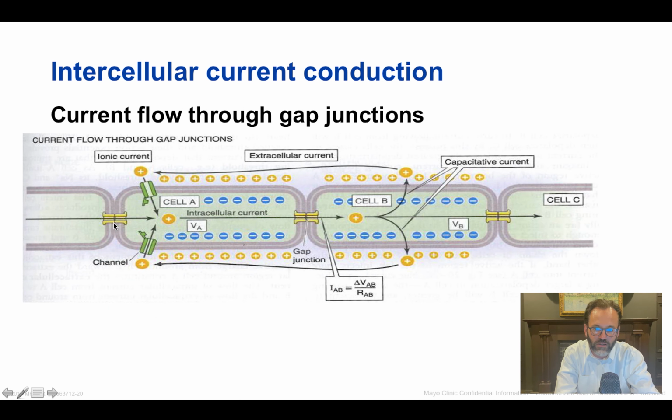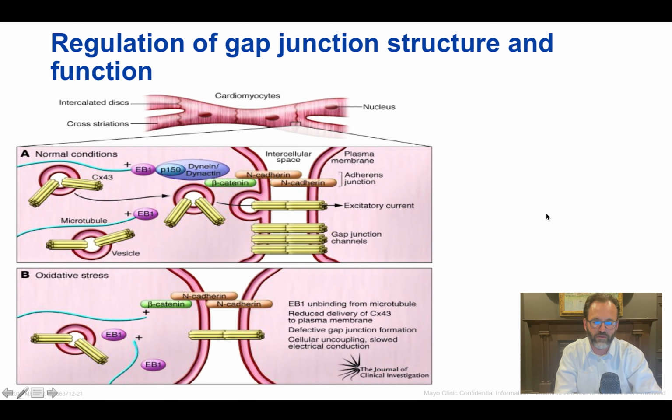The gap junctions are inserted between the two cells, and that enables the movement of a positive charge that is coming into this cell to subsequently be transferred to this adjacent cell, thereby accelerating its depolarization and the conduction of that depolarizing current down this line of cells from A to B to C in a much more rapid way than it would simply by having extracellular depolarization or passive flux of ions into the cells. And so importantly, this is an absolutely critical mechanism, with the appropriate placement of these gap junctions to enable the rapid conduction of this ionic signal down this chain of fibers.